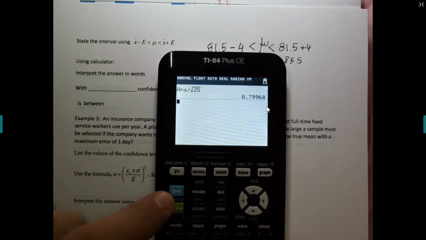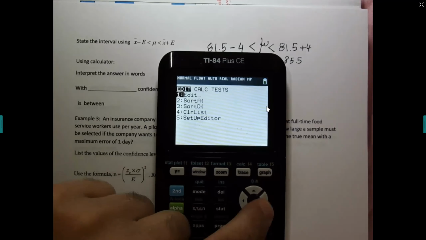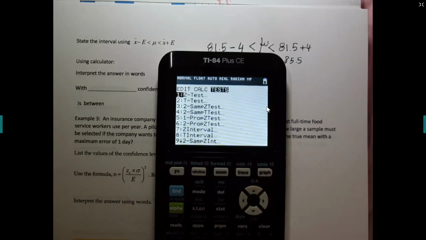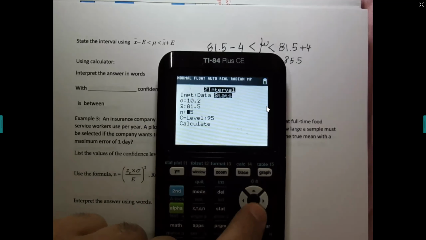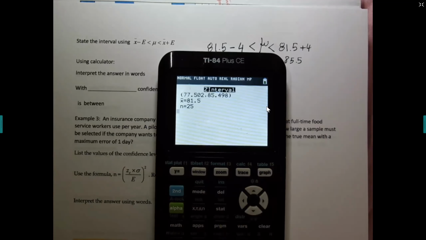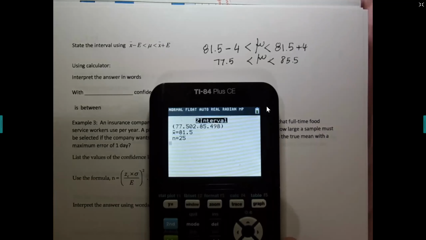Oops, what did I do? Let me go back to stat. I pressed enter twice, so I lost it. Number 7. And here you go, calculate. 77.50, 85.50 if you round to 2 decimal places. So we get the exact same output as I did right there.